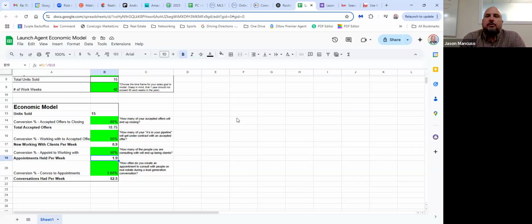The control-what-you-can-control element that this comes down to is how many conversations can you have? Within all this model, the only thing you can really control is how many conversations you have. The next category down in this model would be how many attempts does it take to get into 62 conversations?